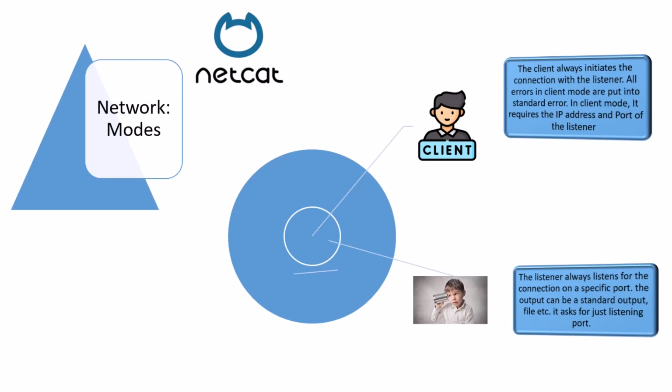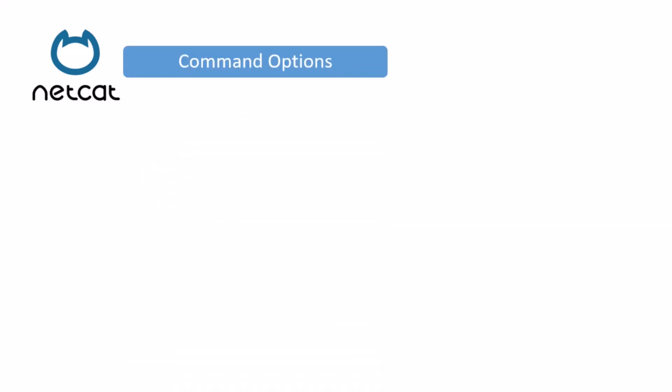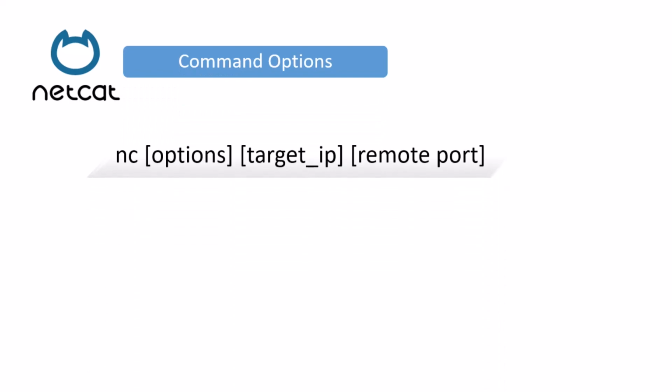Alright, so let's see the command options, or how to use Netcat. The command for Netcat is to just type netcat or nc. If you are in a Windows environment, we use nc, but if you are in a Linux environment, you have to spell netcat in full.